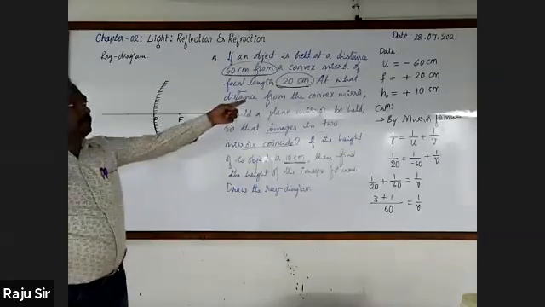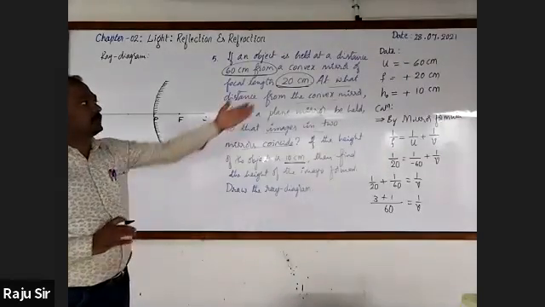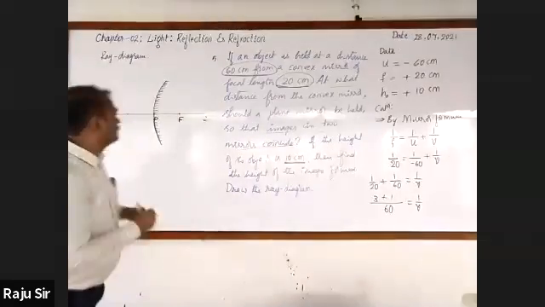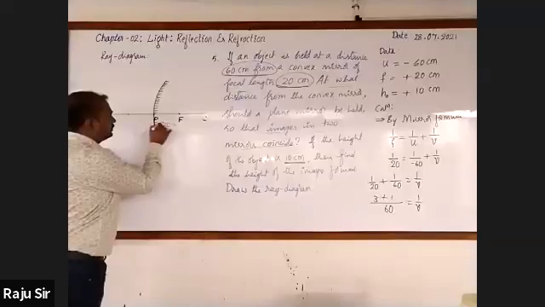They have given the focal length of the convex mirror as 20 centimeter. So let me mark that, 20 centimeter focal length.